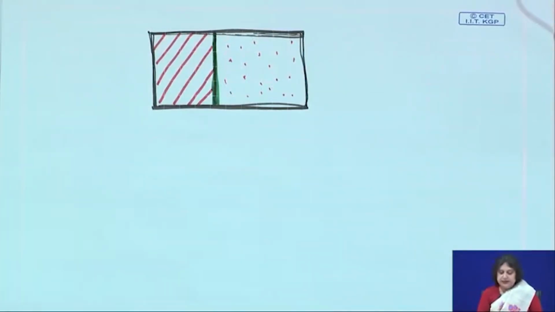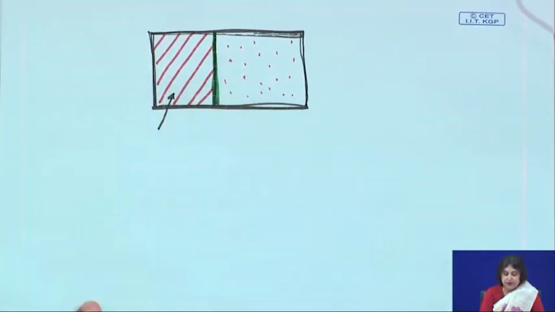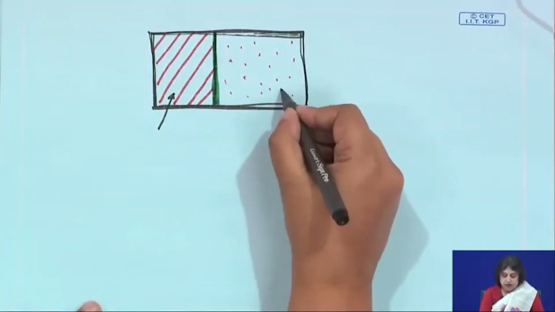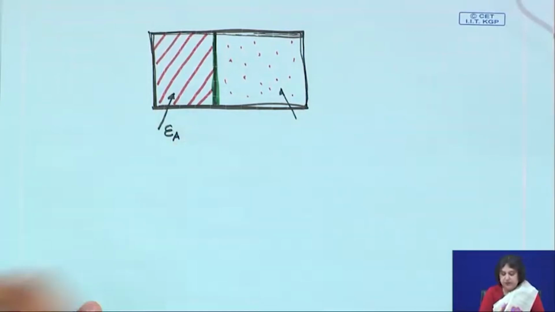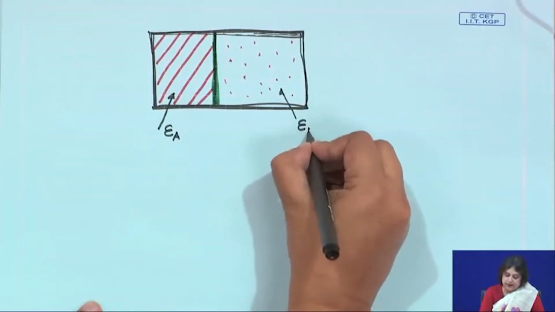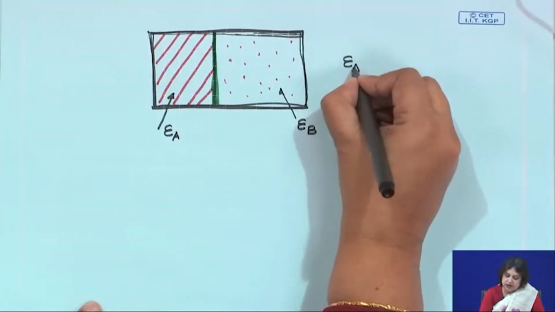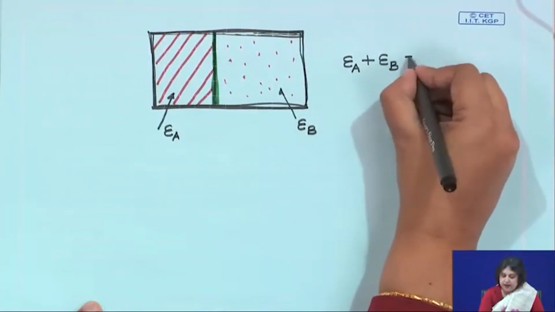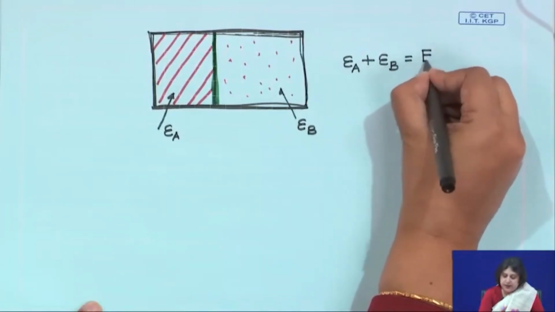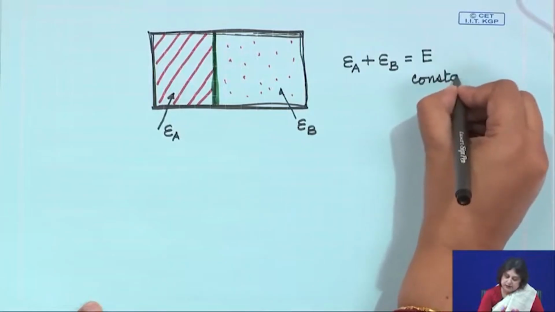It means that if I had some method of measuring the energy of this system at short times, the energy of this subsystem would be epsilon A and the energy of this subsystem would be epsilon B. By the given condition, since my entire box is insulated and is an isolated system, epsilon A plus epsilon B is equal to capital E, which is a constant.